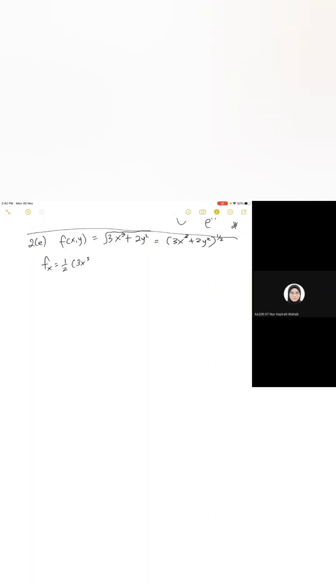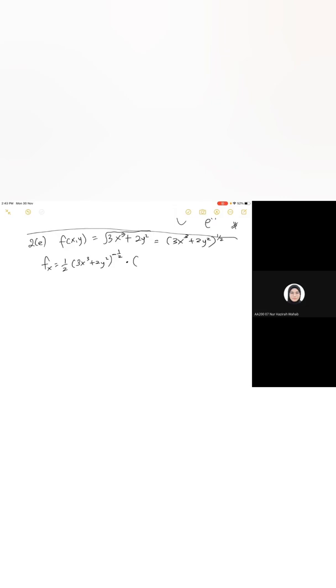Okay, the inside all remains. It will still be the same. Okay, do not differentiate it yet. Because we are going to differentiate the power only, which is 1 over 2 minus 1 will be negative 1 over 2. Then multiply, you differentiate the 3x to the power of 3 plus 2y to the power of 2. Okay, with respect to x only.